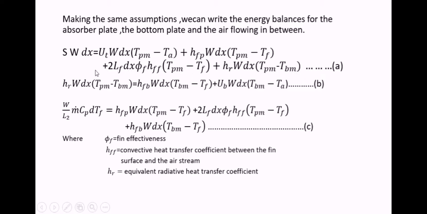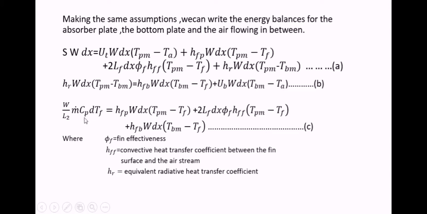Then for the bottom plate, the equation can be written as HR into W into dx into TPM minus TBM, which is equal to HFB into W into dx into TPM minus TF plus UB into W into dx into TBM minus TA.